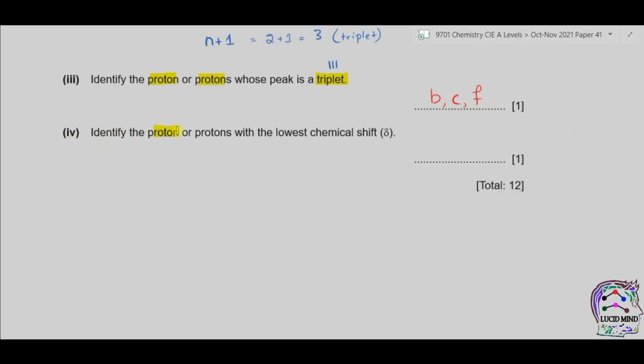Part 4. Identify the proton or protons with the lowest chemical shift values. According to the data booklet, if the protons are present in CH3 or in CH2 or in CH, they will give the lowest chemical shift values, which is from 0.9 to 1.7 ppm.